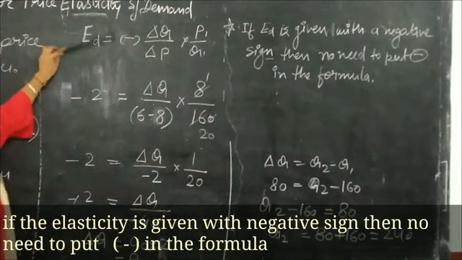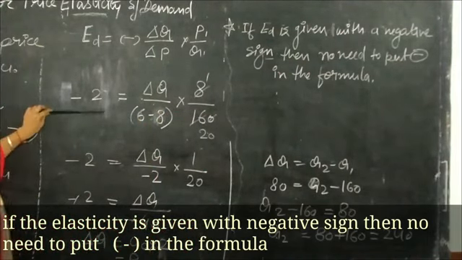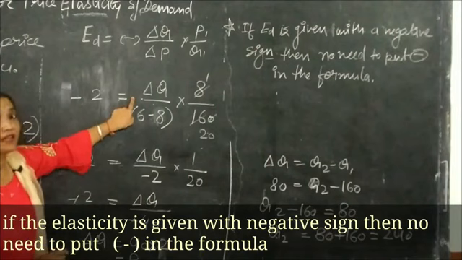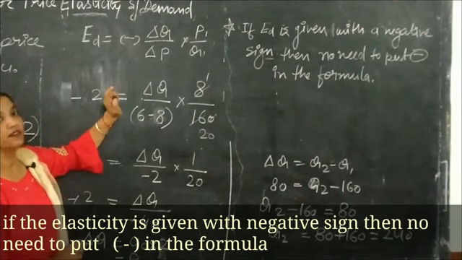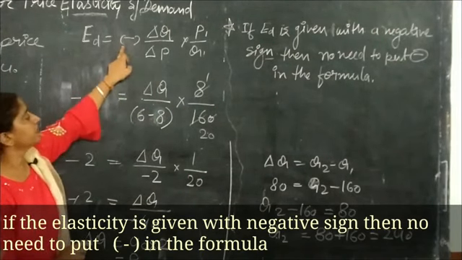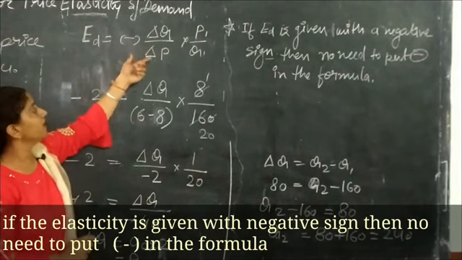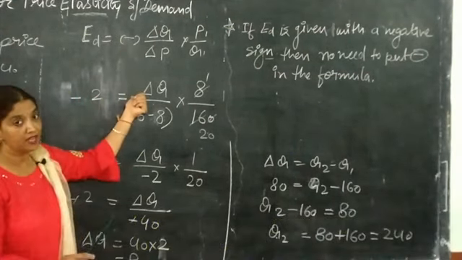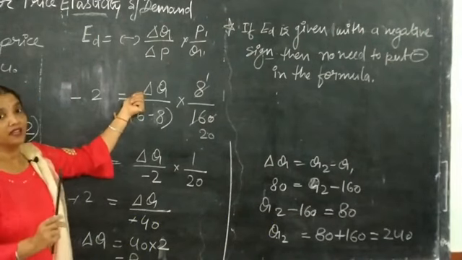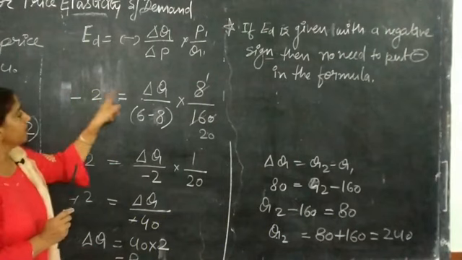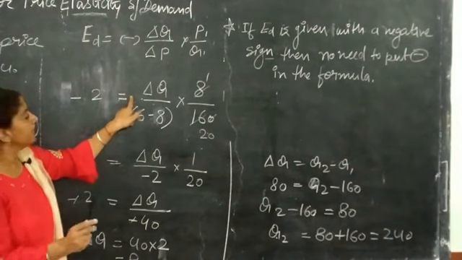Like that, we are given elasticity -2, and I am writing the negative sign with 2, so I am not putting the negative sign again in my solution. The negative sign which we earlier write in the formula, we are not supposed to write it. Why? Because we are already taking the elasticity in negative terms, so we will not repeat the negative sign here.